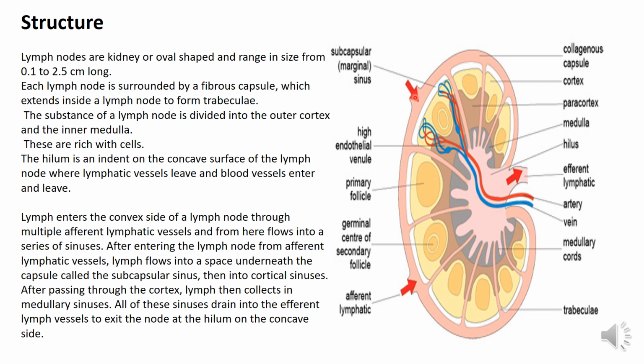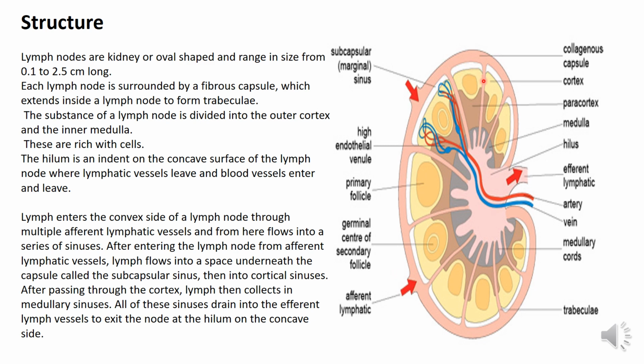Then we can see how the lymph flows through the lymph node. It enters the fibrous capsule through channels called afferent channels. After entering the fibrous capsule, it passes through a series of sinuses. The first sinus is the subcapsular sinus.